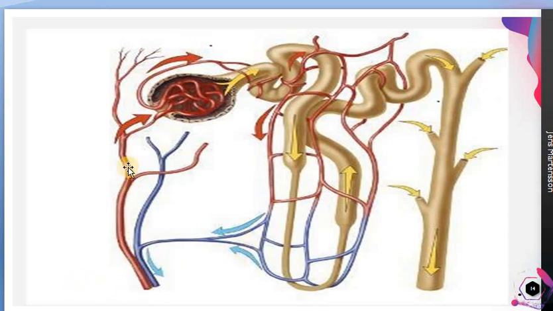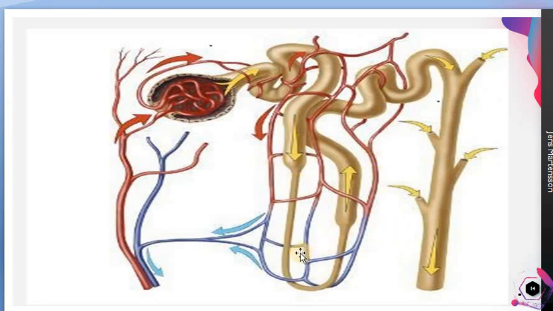Aorta, renal artery, afferent arteriole, which is a little bit wider, right? And then glomerulus, and then the efferent arteriole forms the secondary capillary network or vasa recta, renal vein, and then inferior vena cava. Okay, so this is how the blood is being supplied to the kidney tubule.